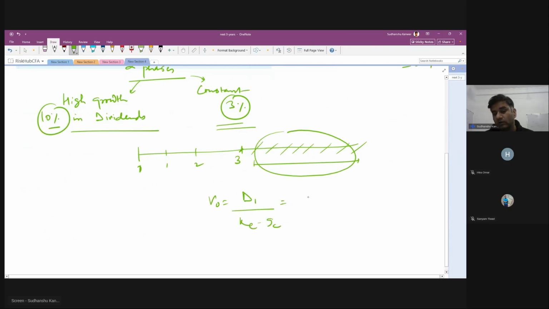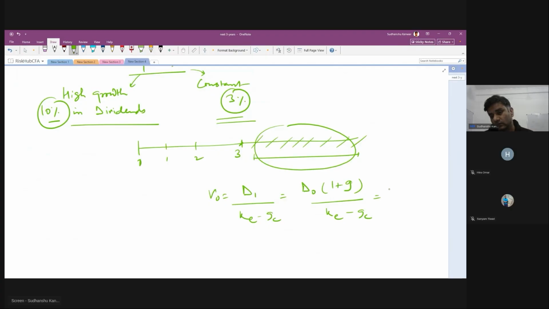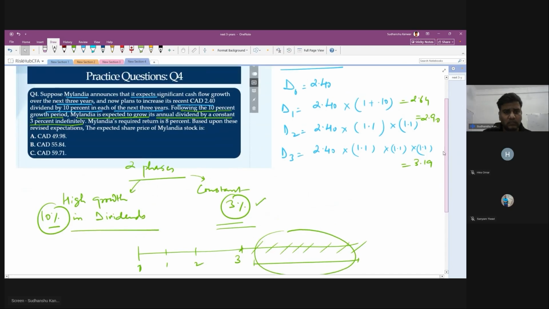So D1 will be D naught into 1 plus constant growth, over KE minus GC. And D naught for this period is D3. So D3 here is 3.19 into 1.03, 3% being this period's growth. And then KE is what? Again the same percentage, 8% is the required return.